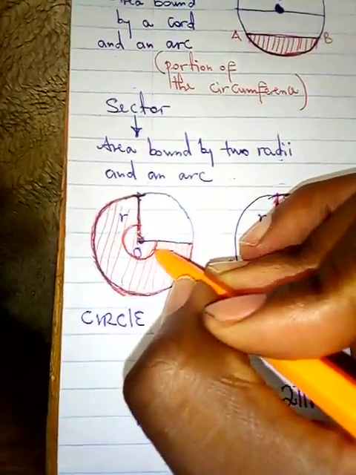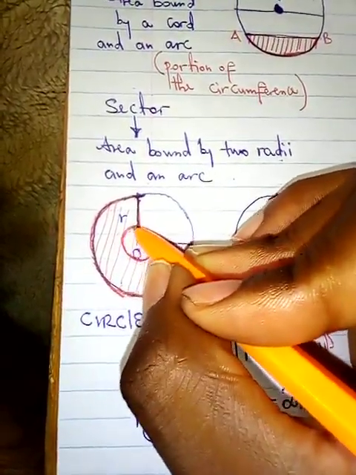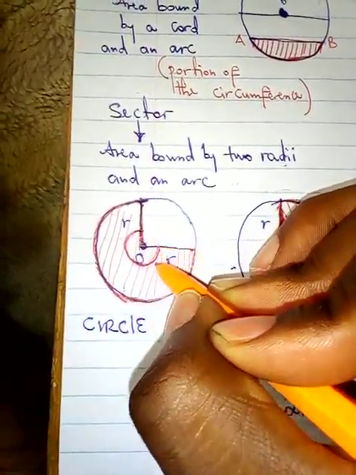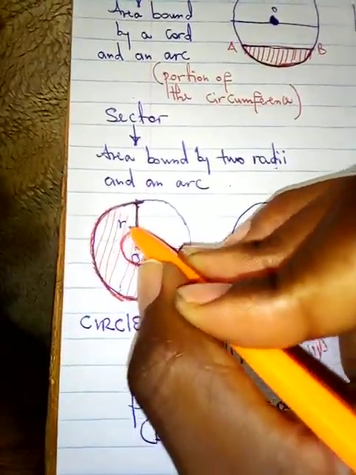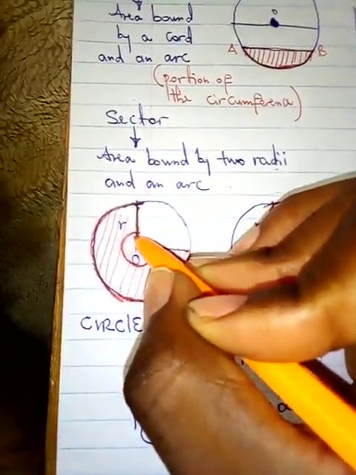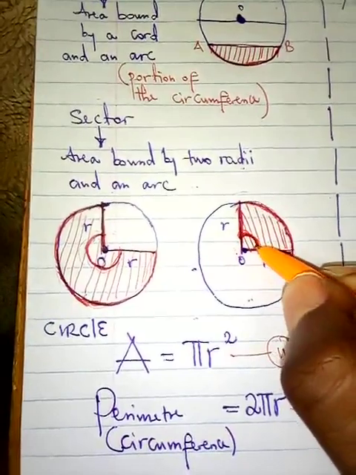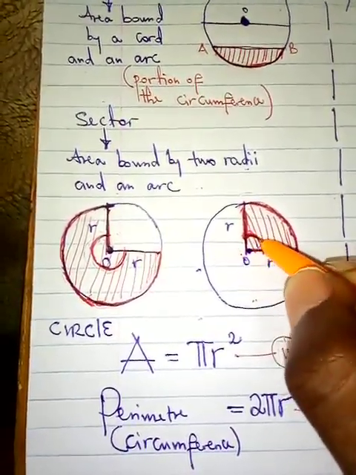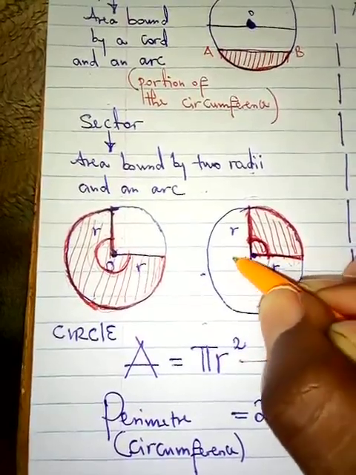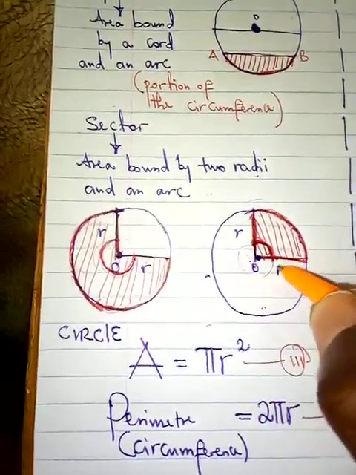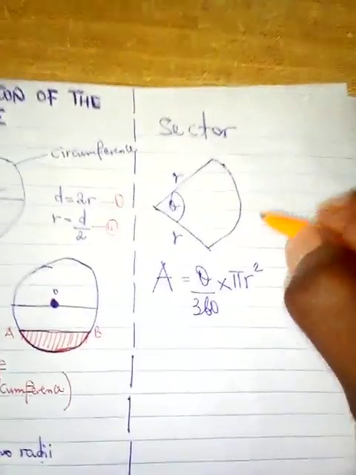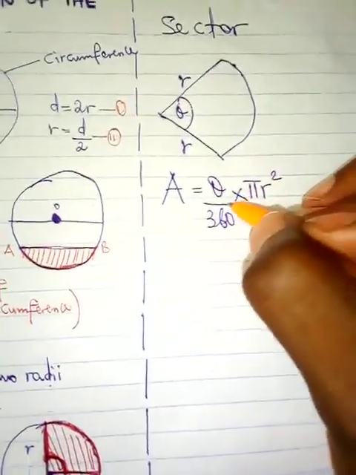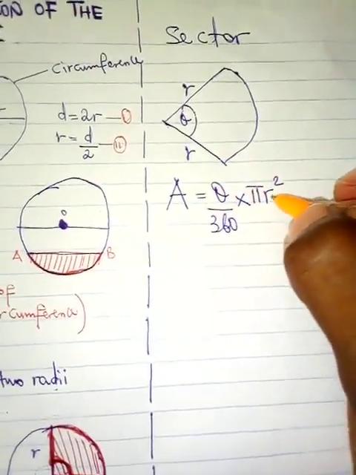Because that angle is just a portion, a part of the whole angle of revolution, which is 360 degrees. So it's going to be theta over 360 times pi r squared.